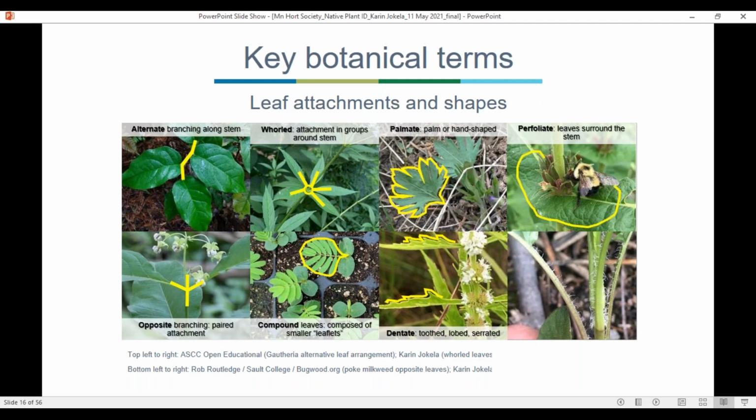And so these key Latin and Greek terms show up in the species names. And finally, ciliate. This is a native loosestrife, Lysimachia ciliata, and that's named for that fringed hair on the leaf stem there. So just like I said, just a little taste of different botanical terminology on herbaceous plants.